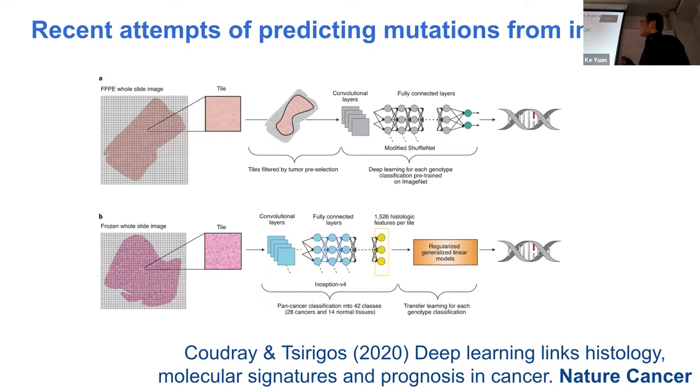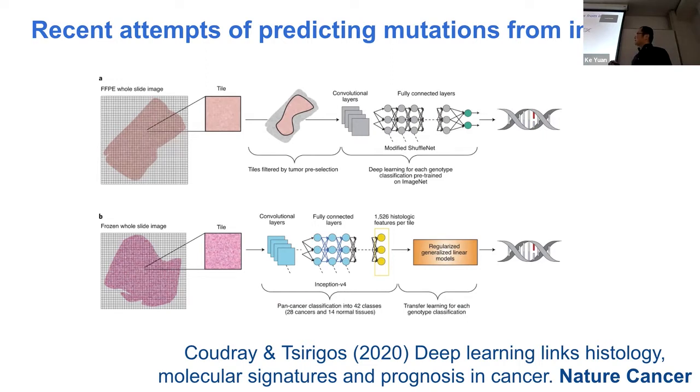They tried to predict all kinds of mutations across all different cancer types, just from information that can be obtained from a standard diagnosis slide. There's a subtle difference. One is from FFPE, a technical clinical setting, and the other is from fresh frozen samples. But the setup is very much the same.